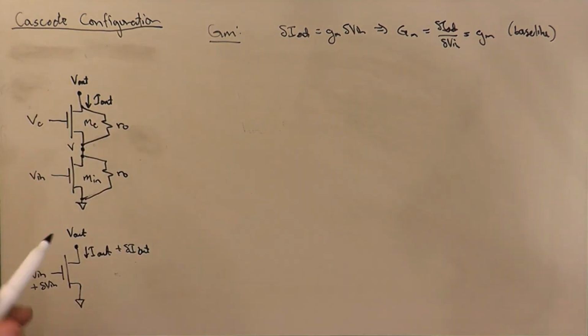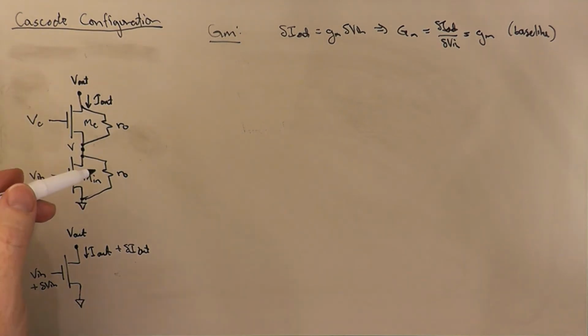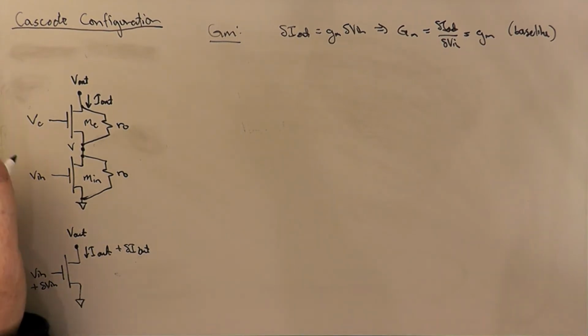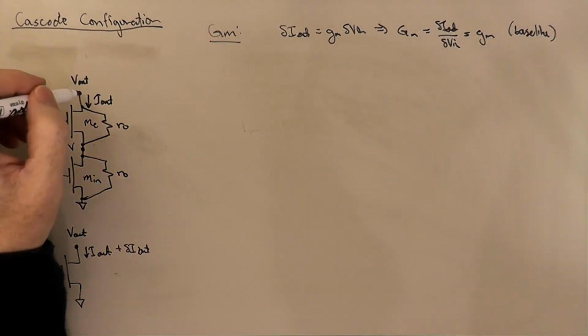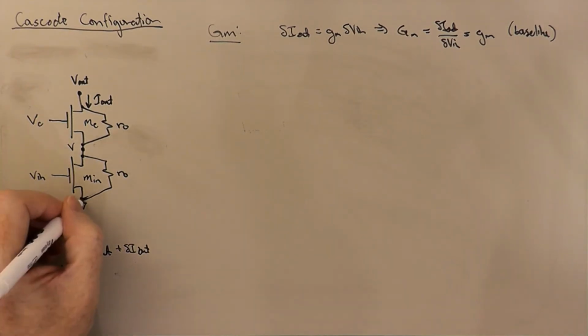They're going to be the same. We're going to assume that these transistors are matched, so they also have the same current flowing through them under quiescent conditions, and so they should have the same RO. I'm going to assume for the purposes of our calculation that the output voltage is being held fixed, like we would in the GM phase of a node fixing calculation.